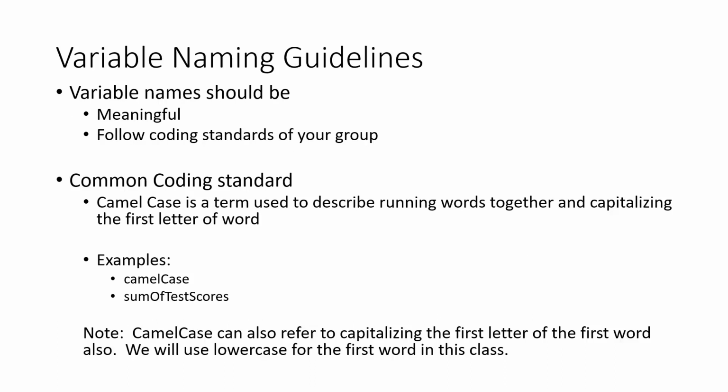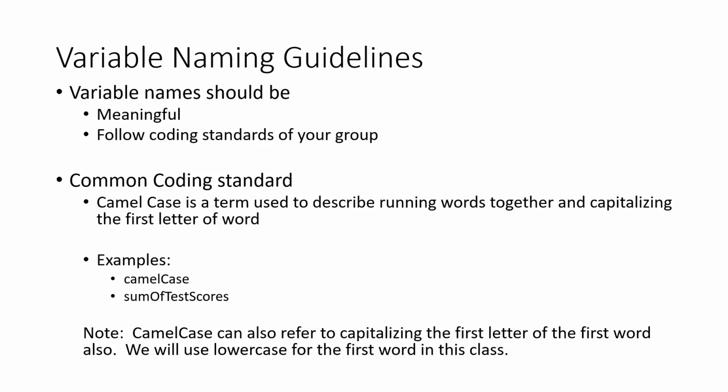Most programming environments, whether it be in your classroom or your job, will follow some coding standards. And that means that even though JavaScript is okay with you creating a variable underscore dollar, your teacher or your boss is not okay with those kind of variable names.